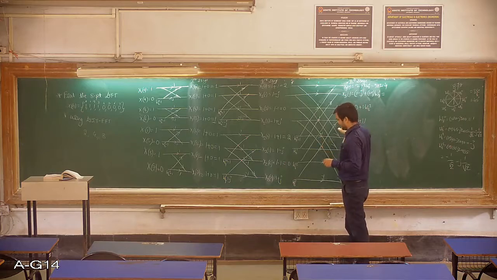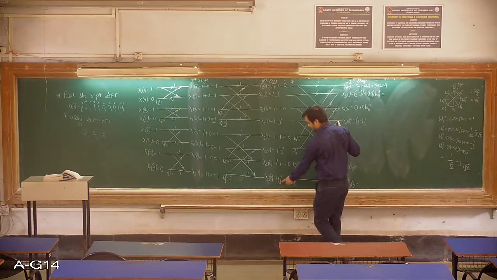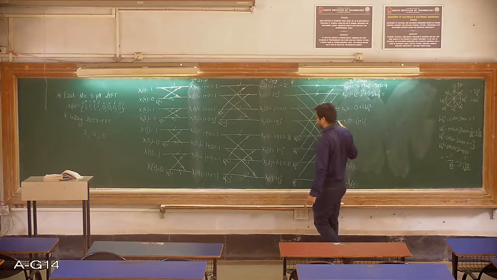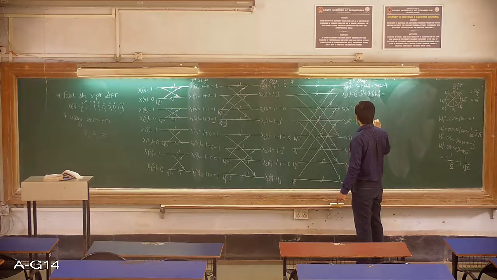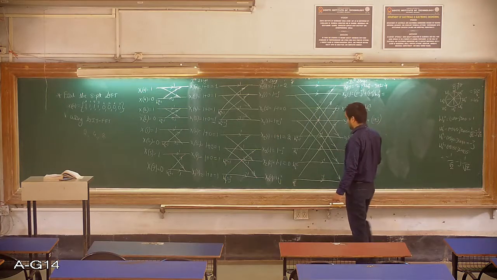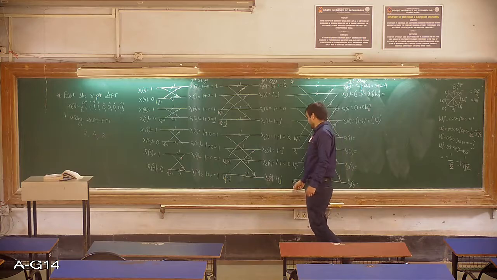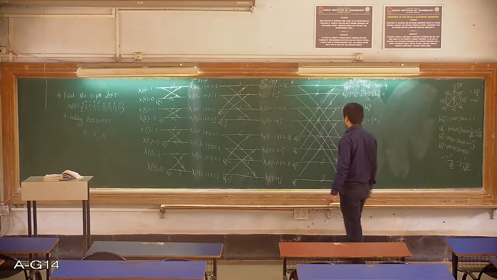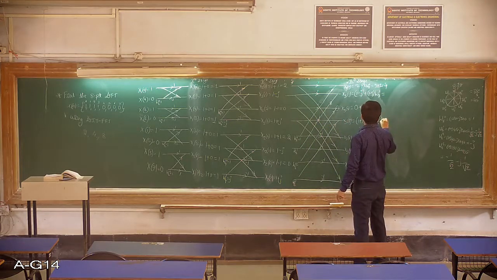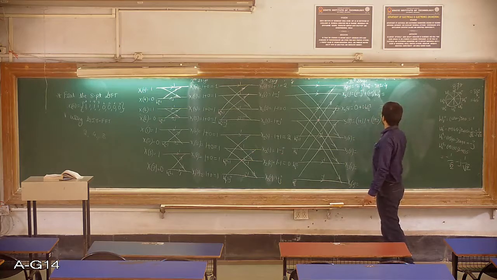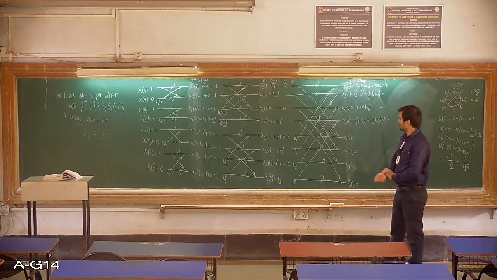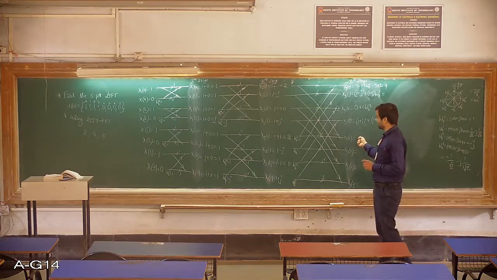This point we have taken here, x2 of 7. What is x2 of 7? 1 plus j into the twiddle factor. What is the twiddle factor here? W8 of 3.